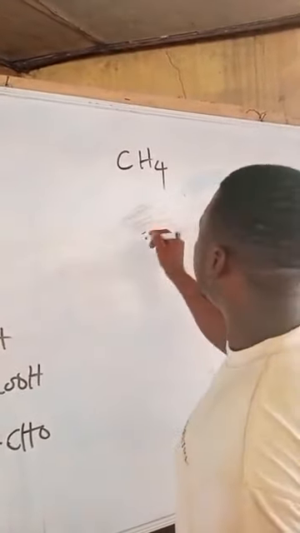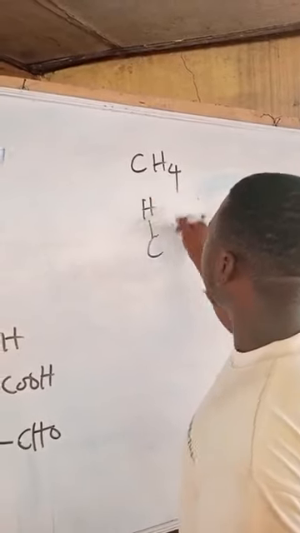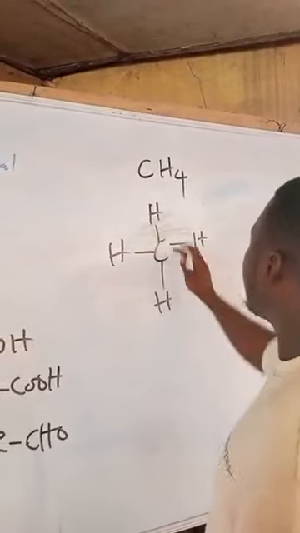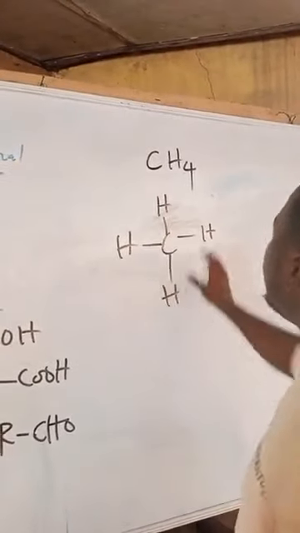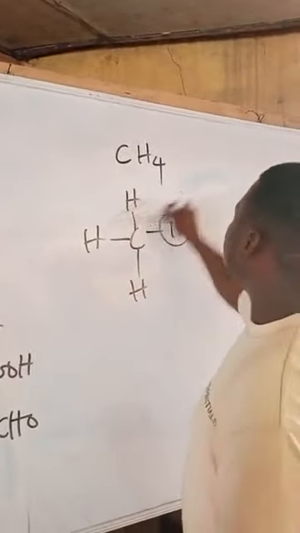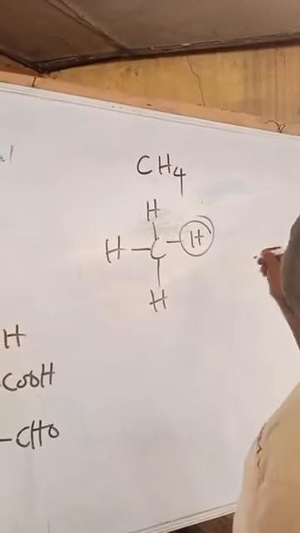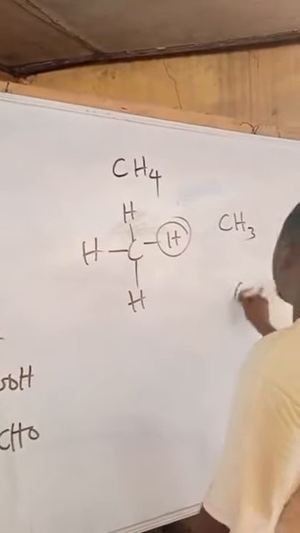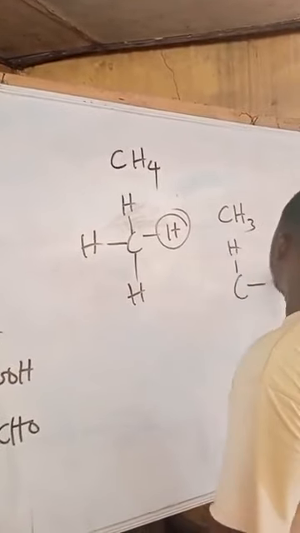Or we can draw the structure like this. Now, if this guy loses one hydrogen atom, it becomes CH3, and we can draw the structure like this.